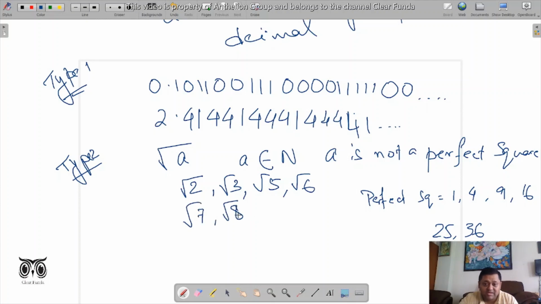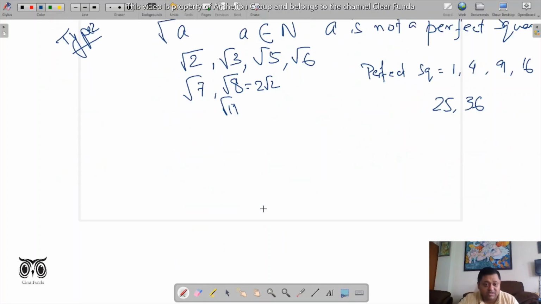Root 8 is basically root of 4 times 2, this is equal to 2 root 2. So like that, it will keep on going. Okay, root 11. So these are all the second type of irrational numbers.